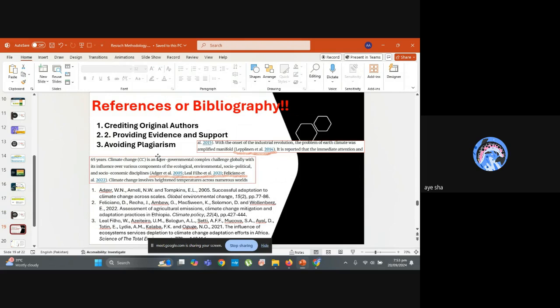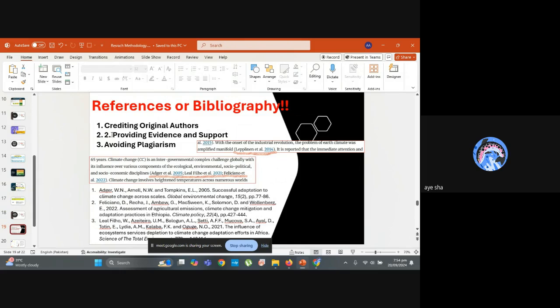So you have to give credit to the original developers of, maybe, a methodology. When you describe the methodology in your assignment, you have to cite the particular paper, article, scientist or researcher who has already used this methodology, if it's something new.